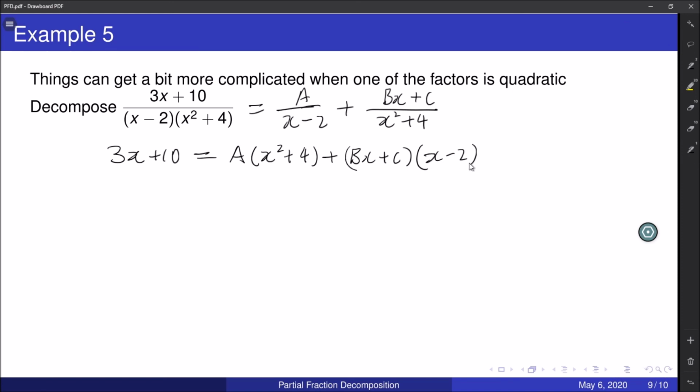Okay, so here, to find a, it's pretty straightforward. We just make x equals 2, because 0 gets rid of this one. So x equals 2, we have 16 equals 8 times a. And then everything else disappears, so a is actually 16 divided by 8, which is 2.